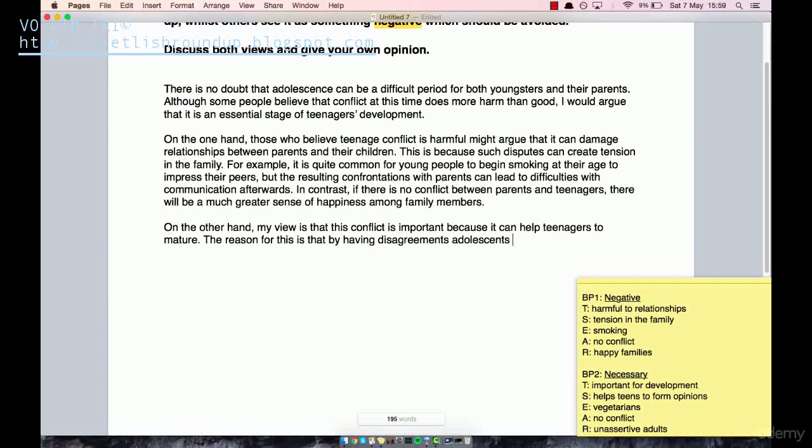Adolescents. Notice with a TS, not with the CE, because we're looking at the people. The reason for this is that by having disagreements, adolescents can form their own opinions. Maybe form, and then there's that word develop as well. So you can create it and then you can develop it. So form and develop their own opinions.